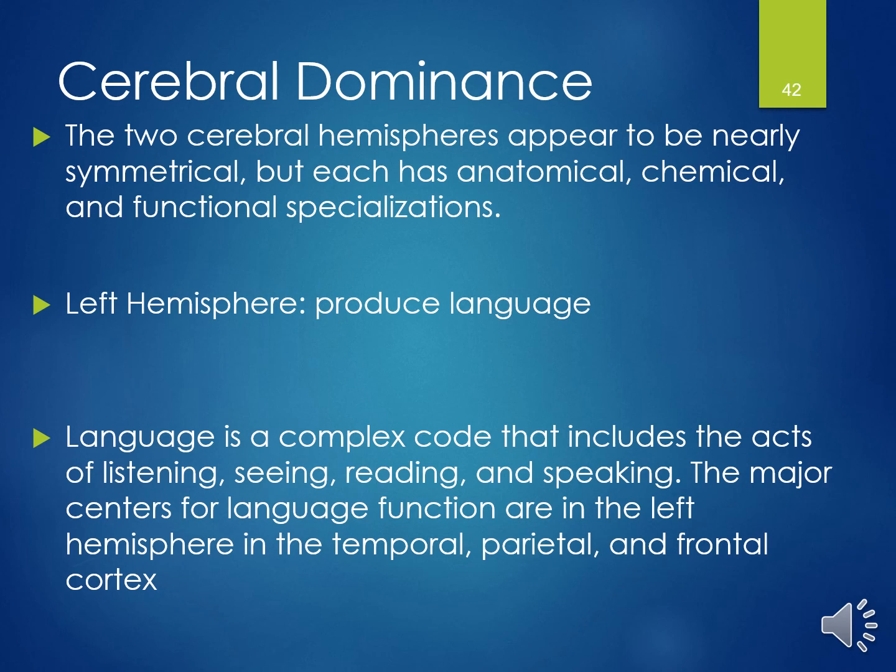Conceptualization of writing and speaking can occur on the left side. Again, language is a complex code that includes the act of listening, seeing, reading, and speaking. The major centers for language function are in the left hemisphere, within the temporal, parietal, and frontal cortexes.